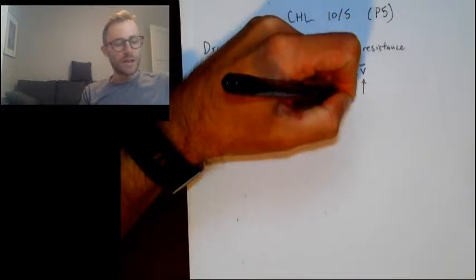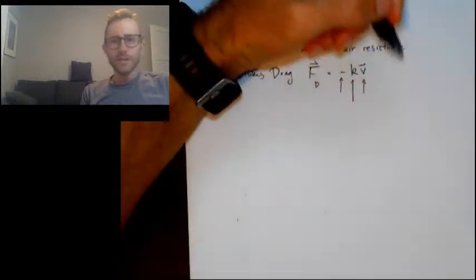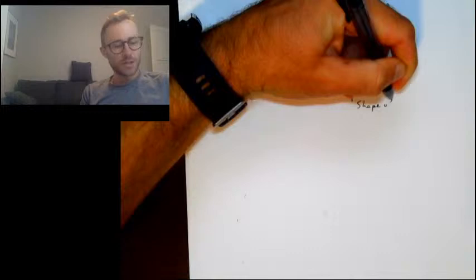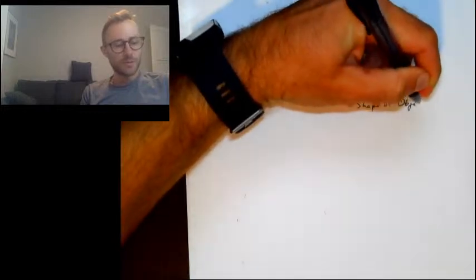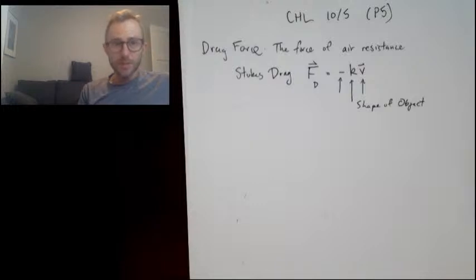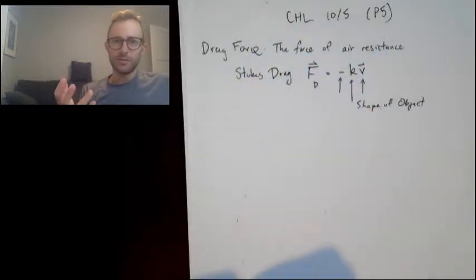This constant K, it's a constant that depends on two things. It depends on the shape of the object that is moving through the fluid. So objects that are more aerodynamic or hydrodynamic or whatever are going to have a smaller K constant. They experience less drag, so less of a resistance force for moving through a fluid.